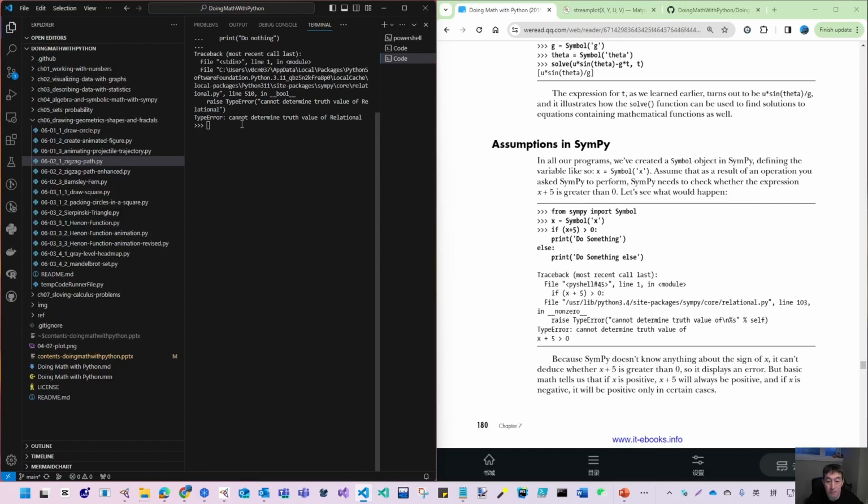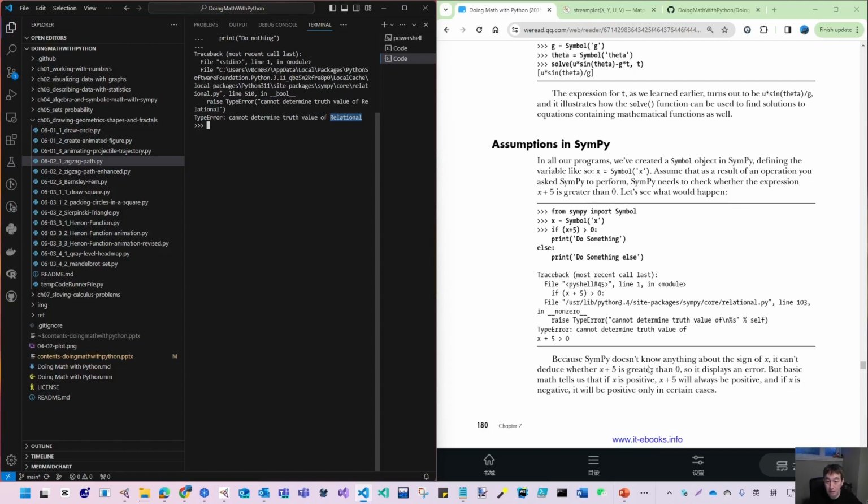It's a TypeError. I think in the version that the author uses it mentions cannot determine truth value of relational. So relational is when we want to check this Boolean value and we do the relational operation.